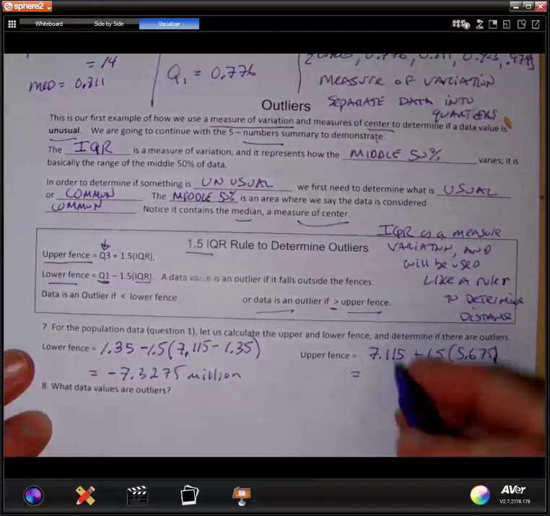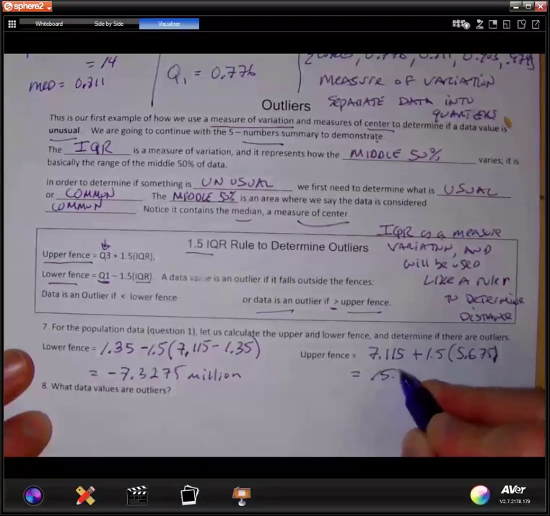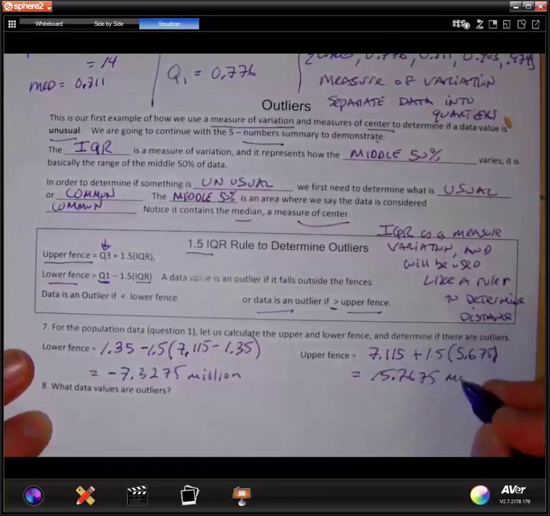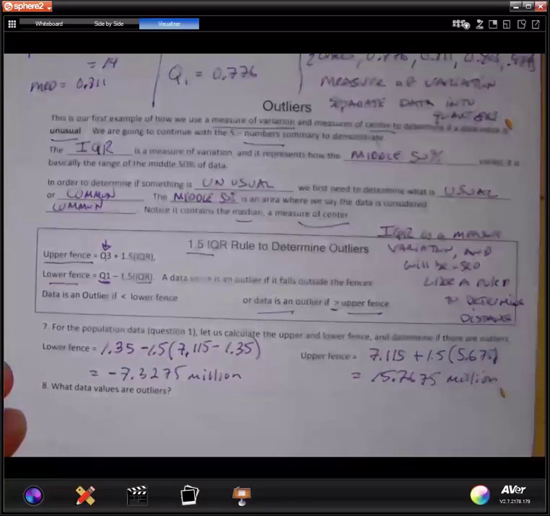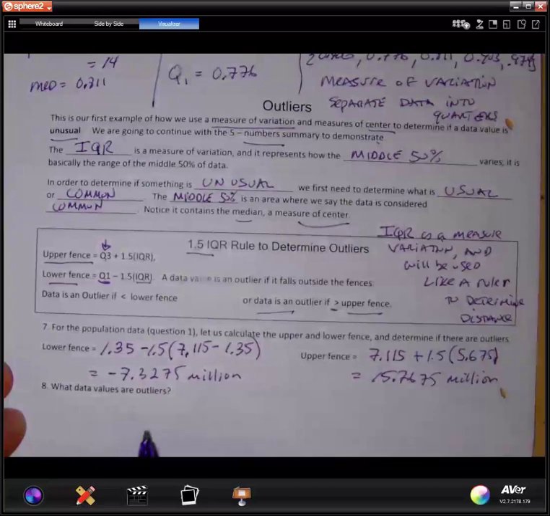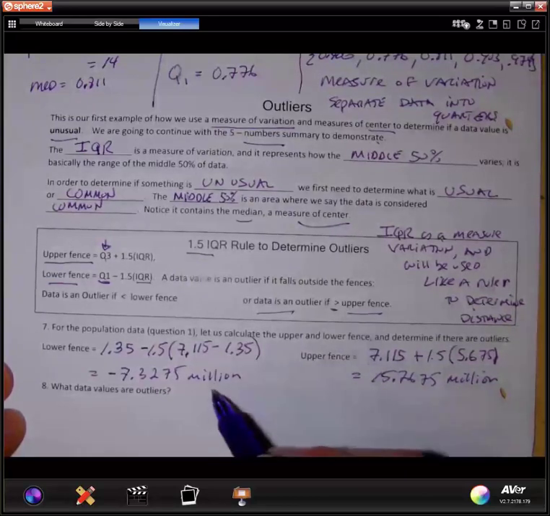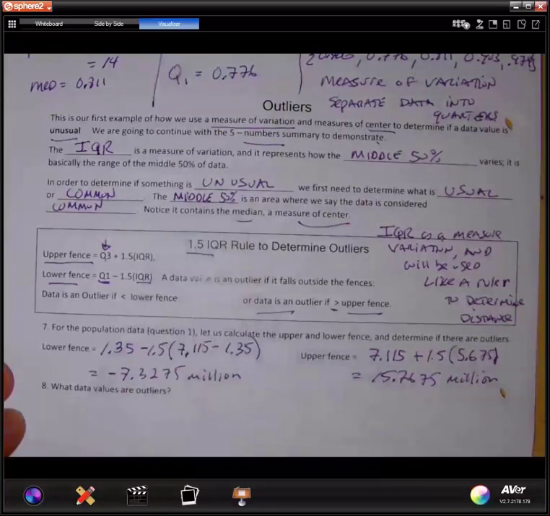When I calculate this, I get 15.7675 million. So what data values are outliers? Now we need to look at the data. This is not going to determine my outliers. This is used to determine my outliers. I know there are no outliers in the lower fence because the lowest value, looking at the 5-number summary above my piece of paper, is 0.06 million.